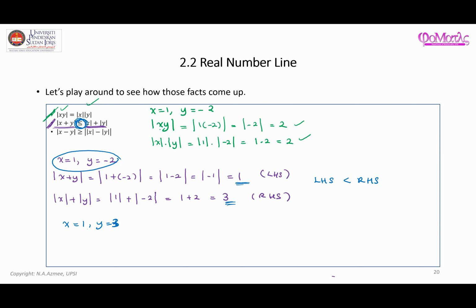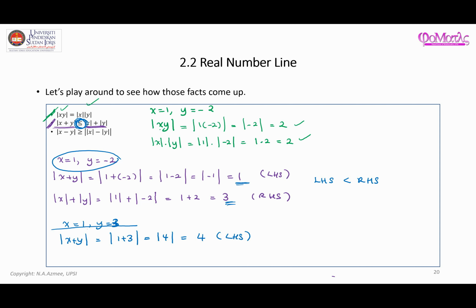If you compute the left hand side first, we have x plus y, so this becomes 1 plus 3, which is 4, the absolute value of 4, so the left hand side is equal to 4.